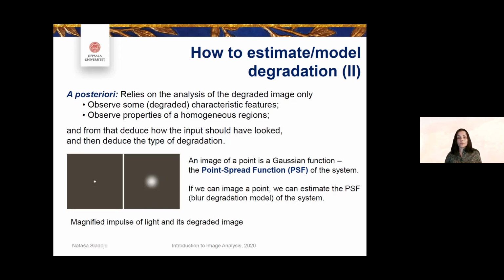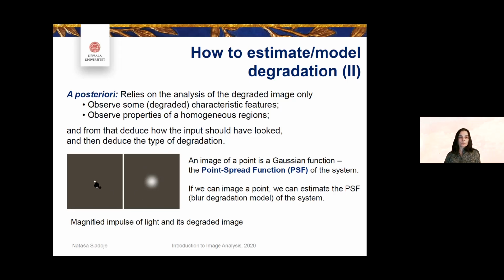We can often look at some homogeneous regions or at some very characteristic details, and then say, okay, I know that this region should look like this, it looks like what I observe, and from these two I can try to estimate the type and parameters of my degradation. Is it blur? Is it motion? Is it some other type of problem?